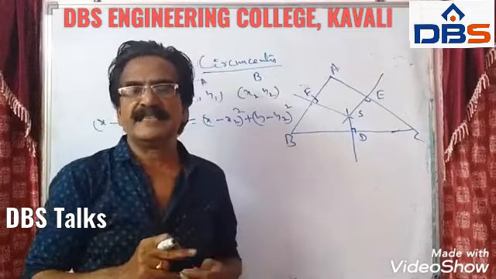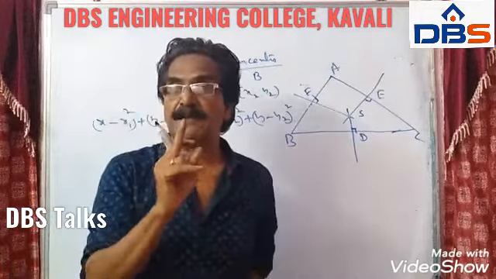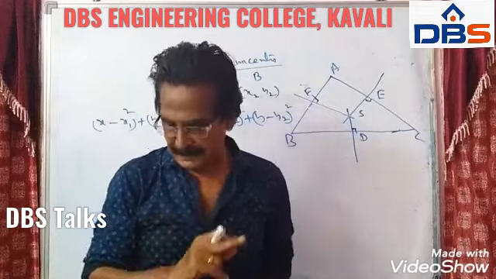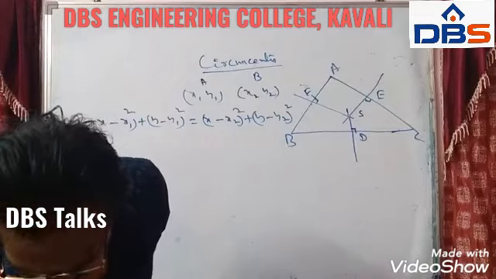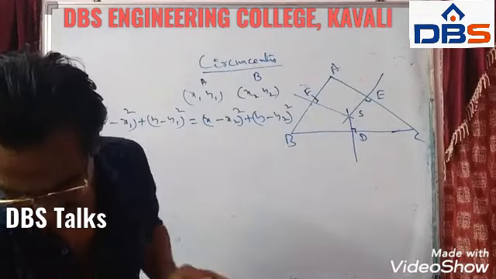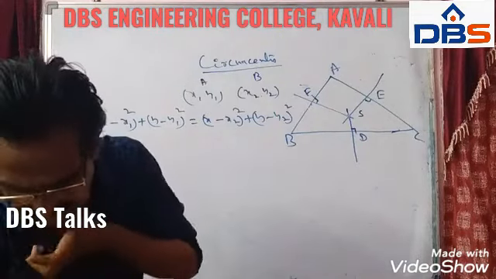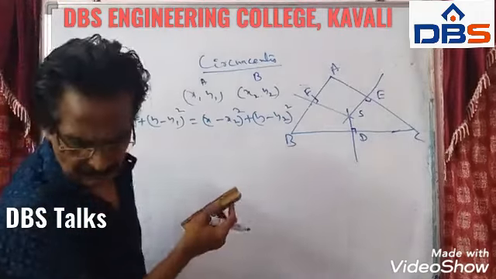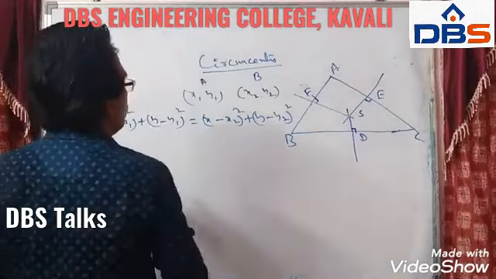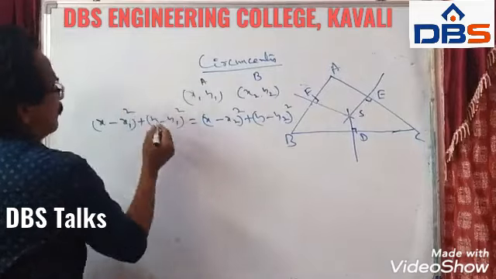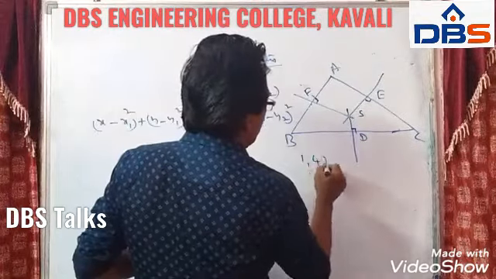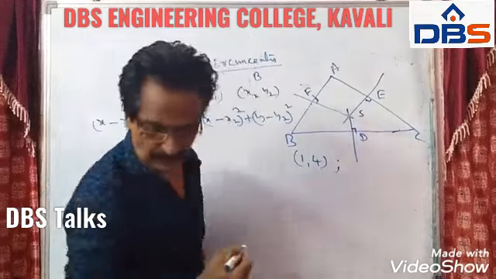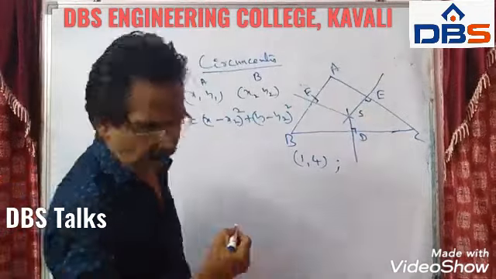Now let us consider one example. Let us find the equation of the perpendicular bisector of 1 4 and 5 minus 2.